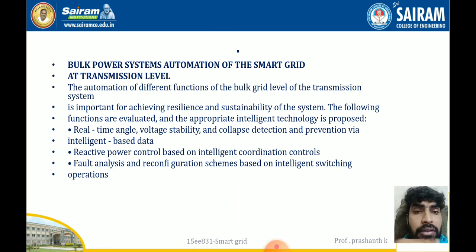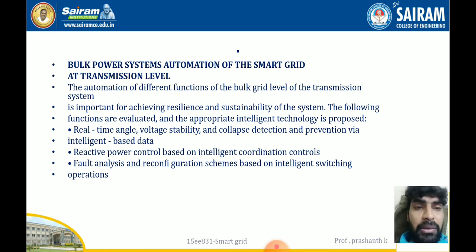See here in bulk power system automation, suppose there are more power supply systems and more generating stations integrated as distributed generation units. So bulk power system automation of the smart grid at the transmission level, like general automation.